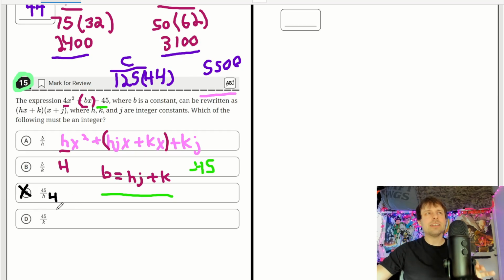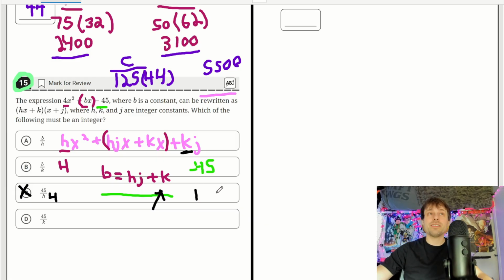And then again, D also has a number, 45 over K. But K is either we choose the K that's wrapped up in this middle one, or we can look at this K that's here. K times J is negative 45. Well, K and J are both integers. So you kind of have to ask yourself, well, what are some possible values for what K and J are? And what you'll learn is K and J are just going to be factors of negative 45.